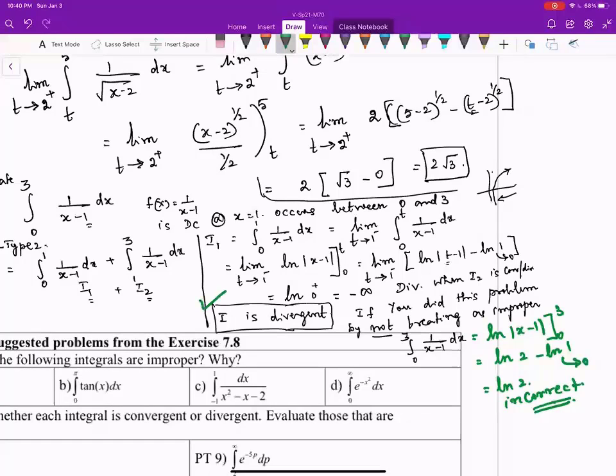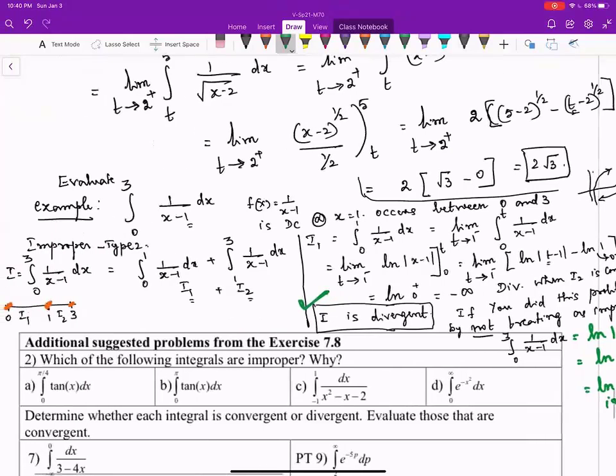This is the right way of doing it, treating the problem as an improper integral of type 2. Remember that recognizing the problem as an improper integral is very important. If you had done only calculus 1 techniques, you would have given the answer as ln 2, which is incorrect.